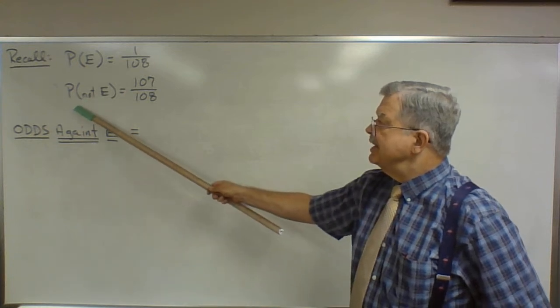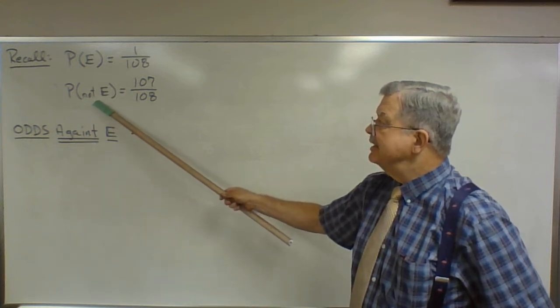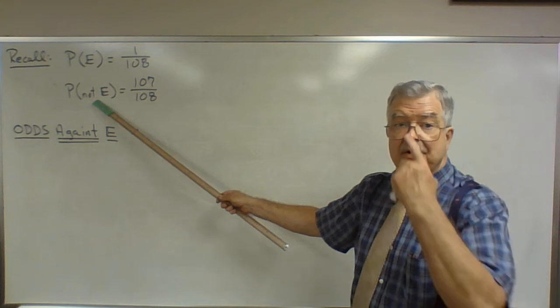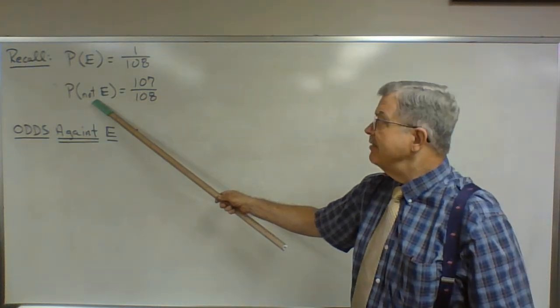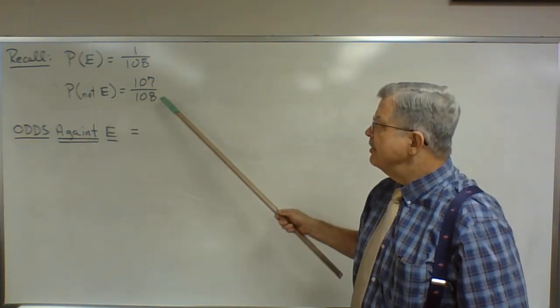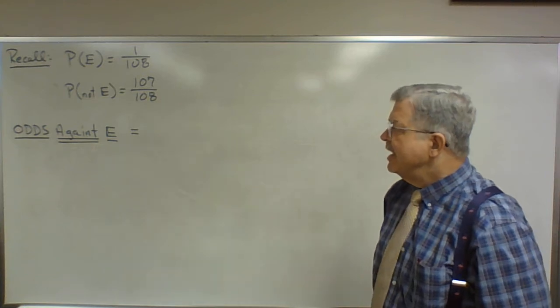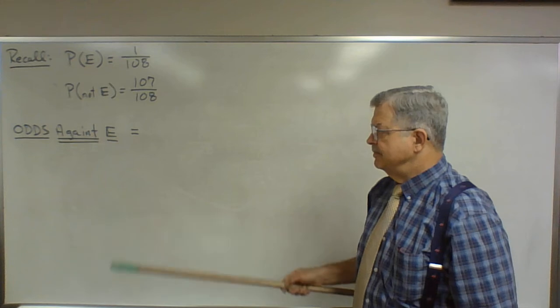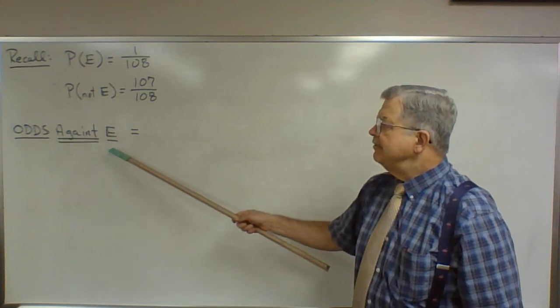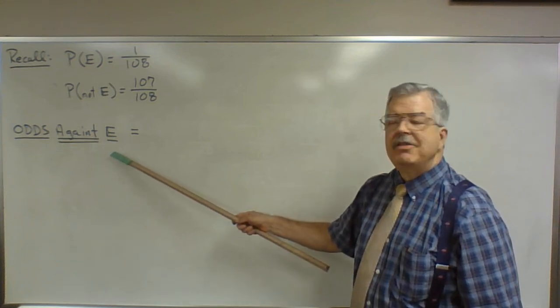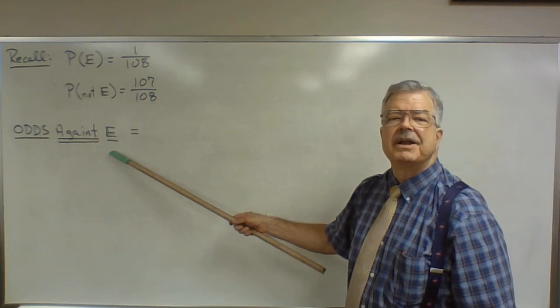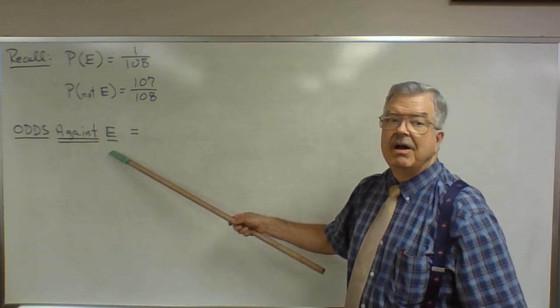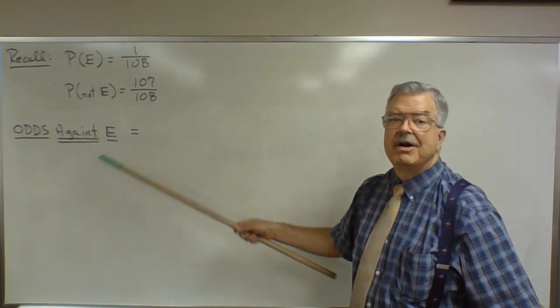The probability of not E, the probability that a person doesn't die in an automobile wreck during their lifetime, is 107 over 108. Now, let's use this information to see how they got the odds of a person dying in a car wreck being 107 to 1, or 107.